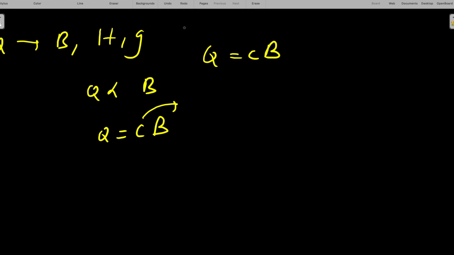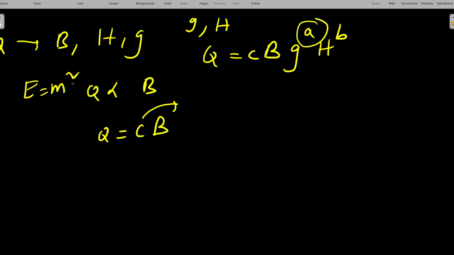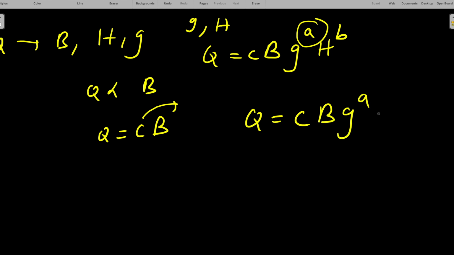But with g and H, we don't know, so we'll just write g power a and H power b. Example, if you have E equals mc squared, E depends on the square of c. But here we don't know what Q depends on g and H. So we'll just consider Q equals C b g power a H power b.